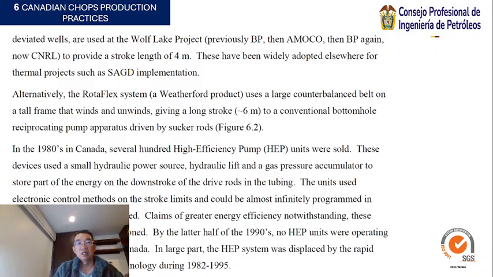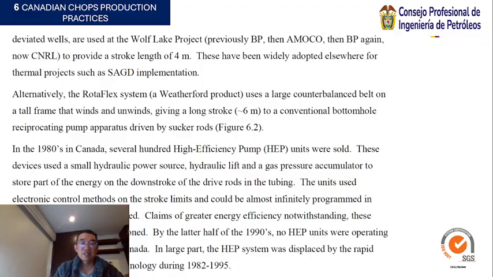Alternatively, the Rotaflex system uses a large counterbalance belt on a tall frame that winds and unwinds, giving a long stroke of about 6 meters to a conventional bottom hole reciprocating pump apparatus driven by sucker rods.